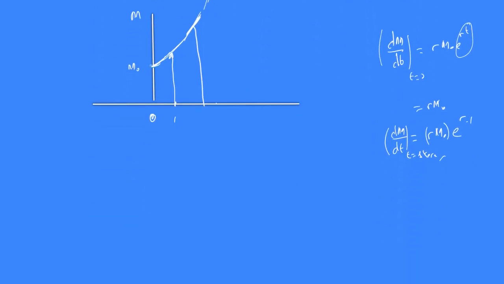C sub n is c sub 0 multiplied by 1 plus r divided by n, raised to the power n. Where is the number e here? This is the next part that I would like you to see.